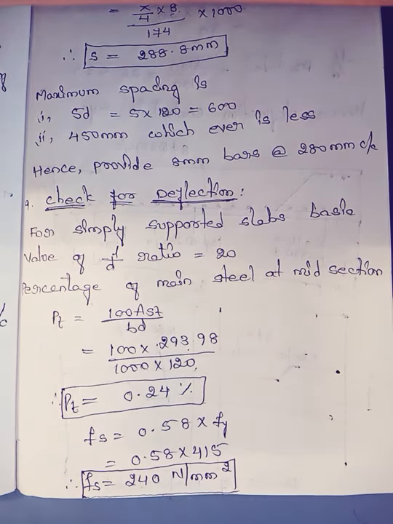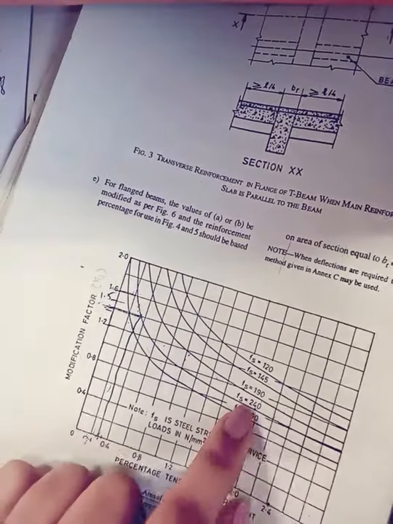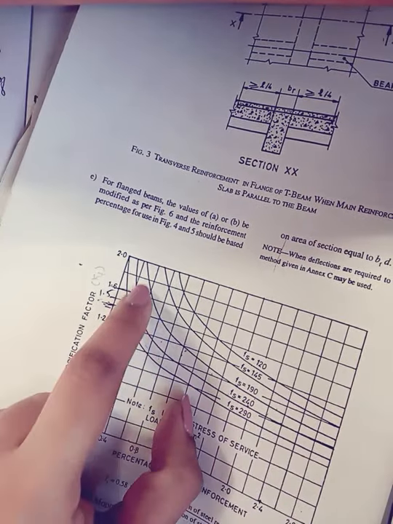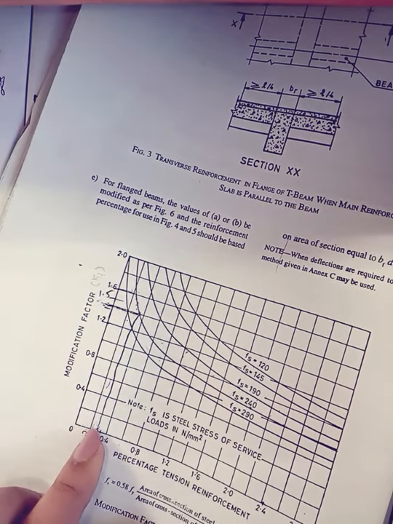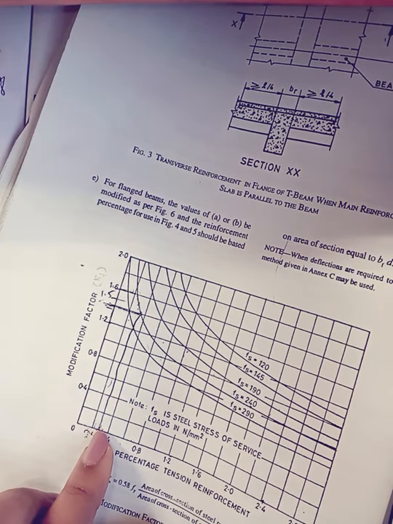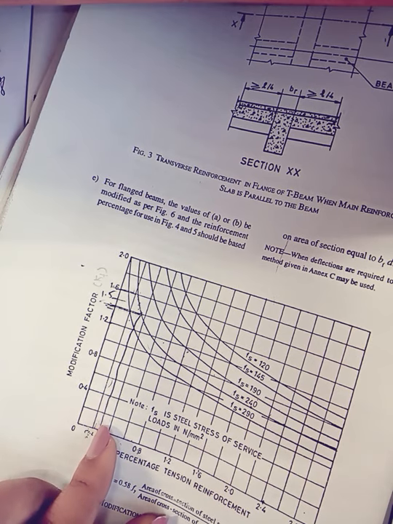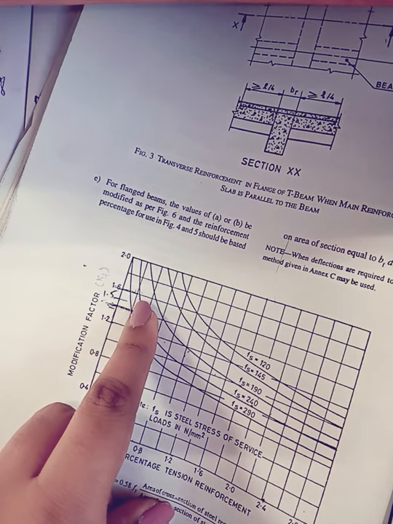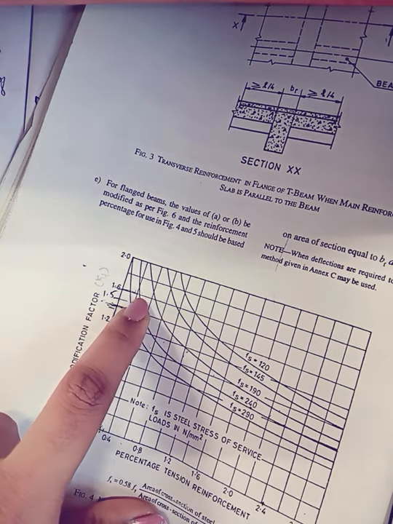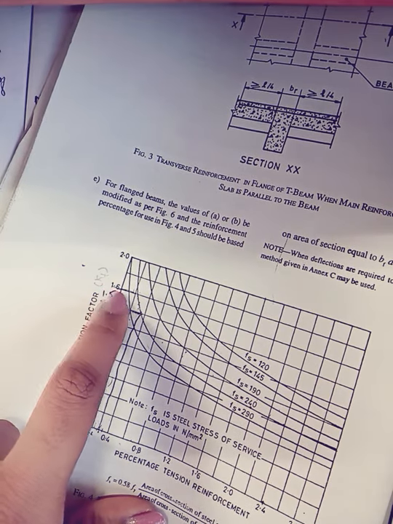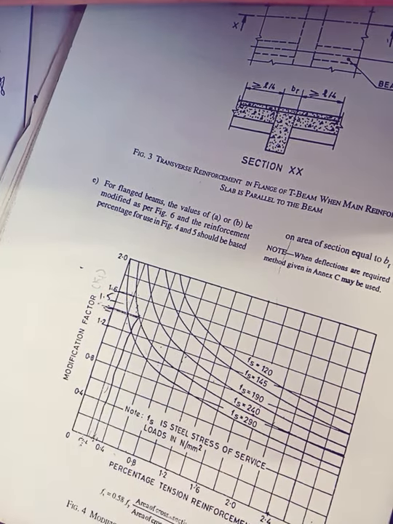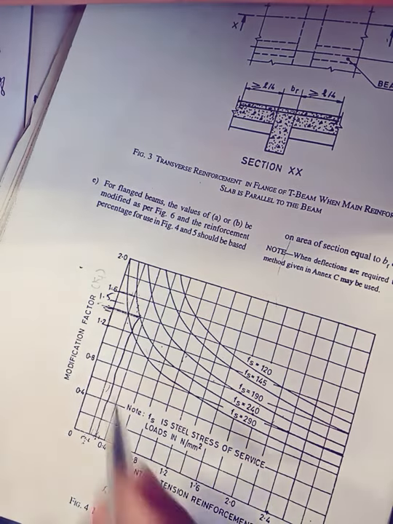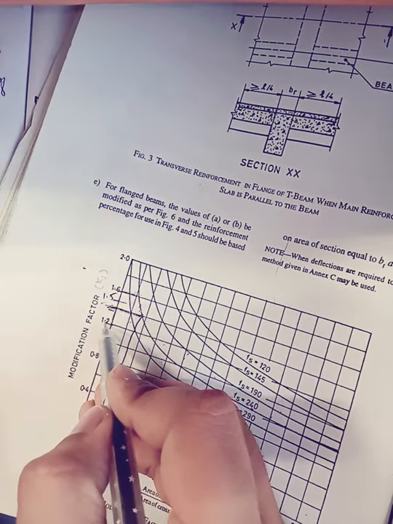So fs 240 and 0.25 PT, what is the modification factor? It is 240, so this curve, and it is 0.245. Half of it is 0.3, somewhat less than that. It is touching here, so it is somewhat nearly 1.5.